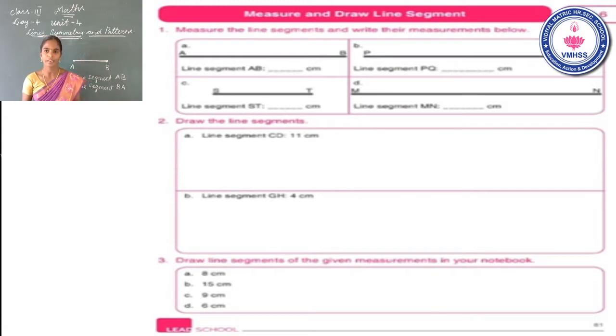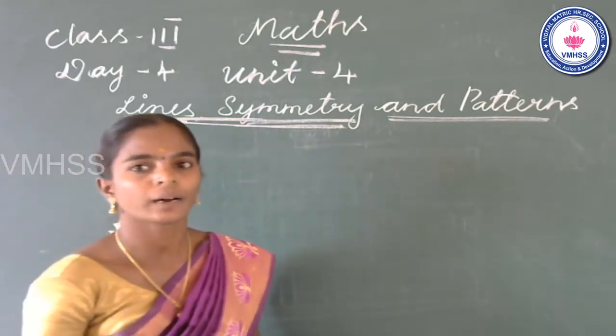Children listen. Look at the first question. Measure the line segments and write their measurements below. Look at the board now.